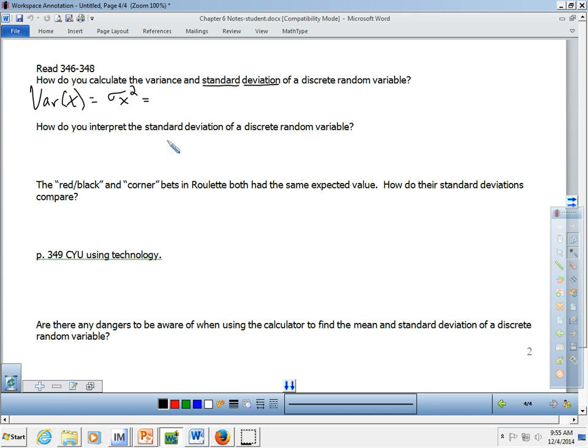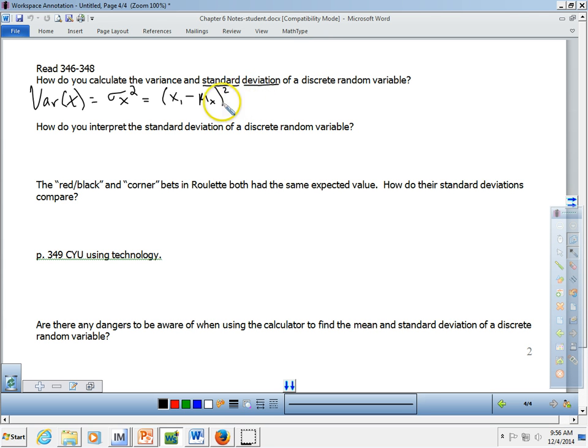Okay. Well, again, what is variance? What is standard deviation measuring? It's measuring an average distance between a value and the mean. So for any discrete random variable, we got to start with the first value on x and subtract the mean from it. And then we're going to square that just like we did before. But instead of dividing by an n-1, our average from last night's notes says we just take the probability assigned to it.